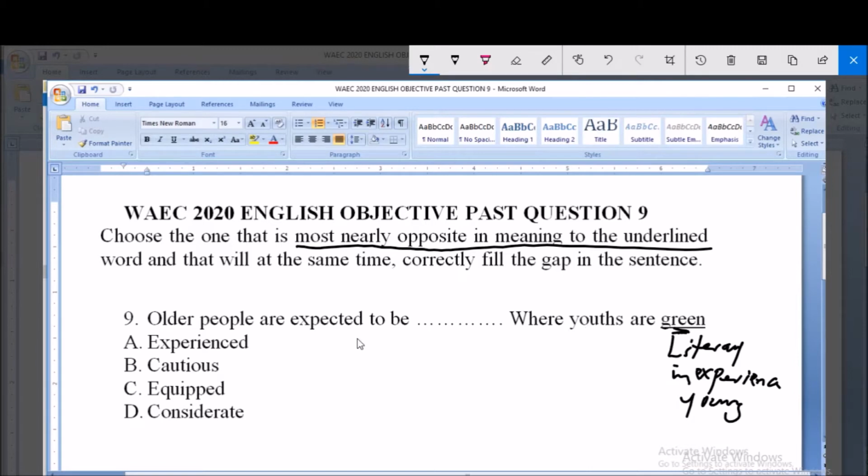So option A means experienced. Option A says experienced, and experienced means old or old age, means wise, and so on and so forth, or qualified. Then cautious means careful or sensible.